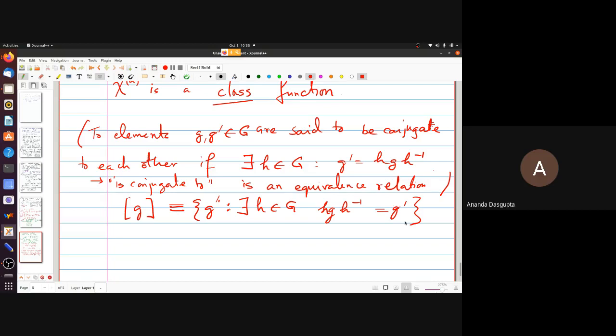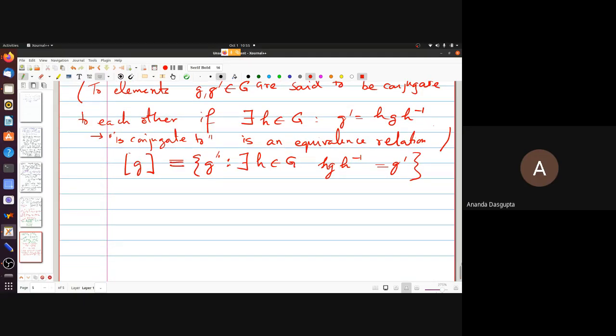Being in the same coset for a given subgroup of a group is an equivalence relation, something we proved, and hence the cosets are actually just equivalence classes under that particular equivalence relation, and so the cosets partition the group. Now the cosets of course are all exactly the same size, the size of the subgroup, which is what gave us Lagrange's theorem, right? That the order of a group is divisible by the order of a subgroup for every finite group. But here we have a different kind of partitioning.